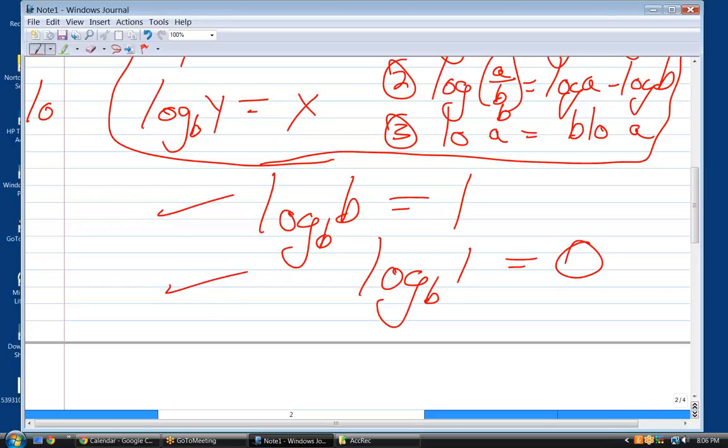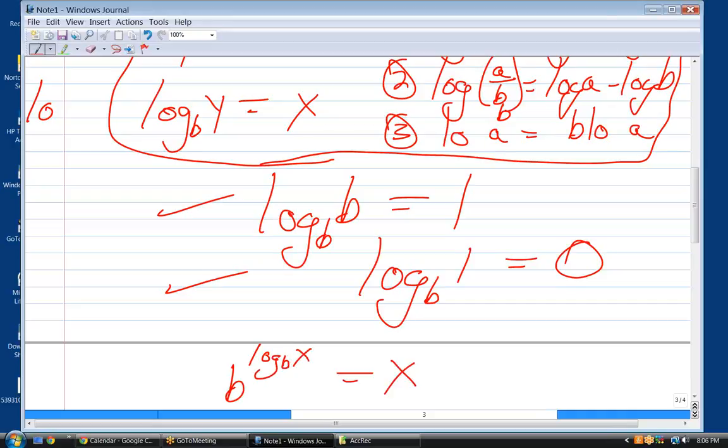And the last one would be b raised to the log base b of x is equal to x. So if I had 17 raised to the log base 17 of x plus 1, that's going to be equal to x plus 1.